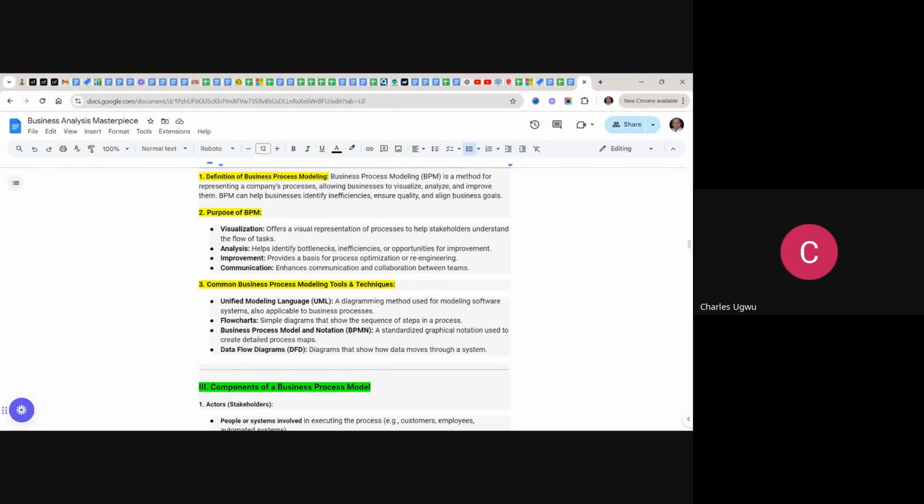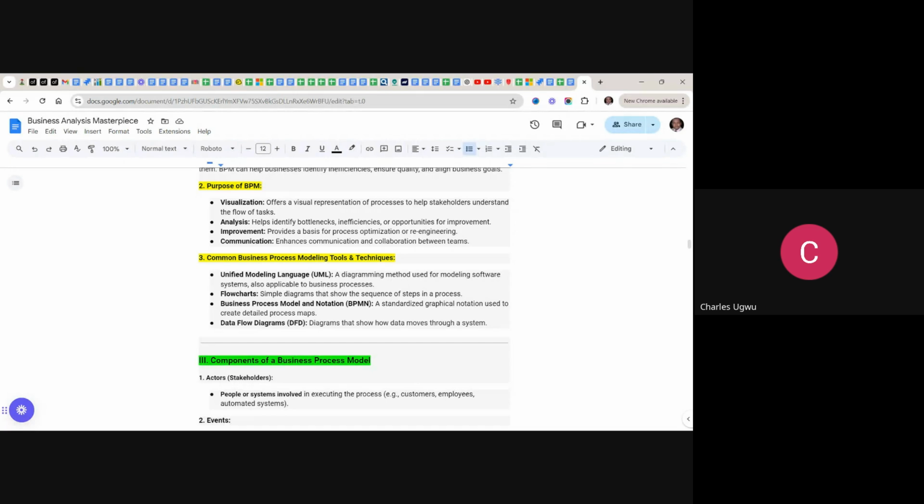So these are different languages. Everybody has their own language, and you have to master your own language. If you must be a good business analyst, you have to understand the Unified Modeling Language. We are going to use it to model our processes or our requirements to give them visual effect or representation.